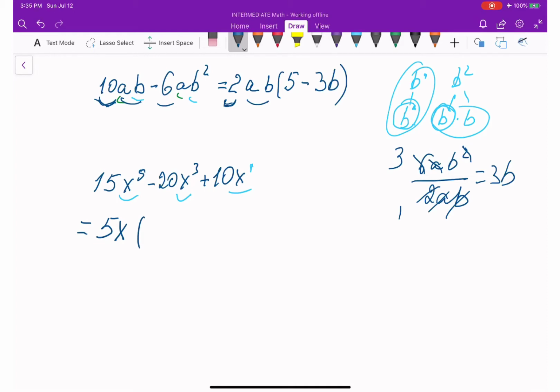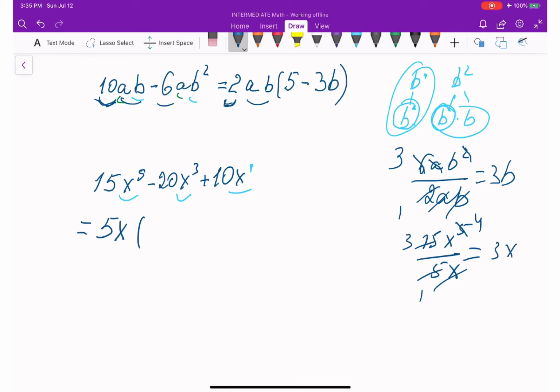So at this point, 15x^5 divided by 5x. x is gone, with this 5 it's going to be 4, because 5 minus 1 is 4. 15 and 5, it's going to be 1 and 3.